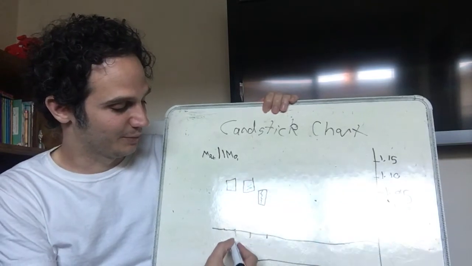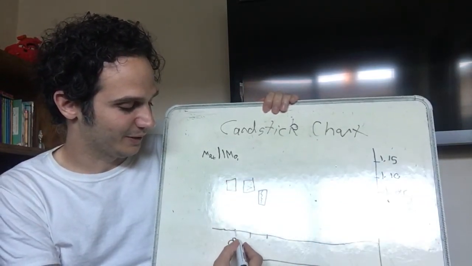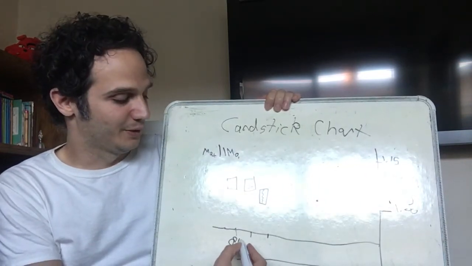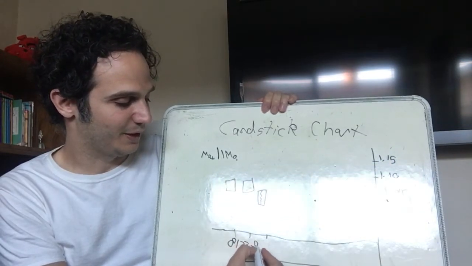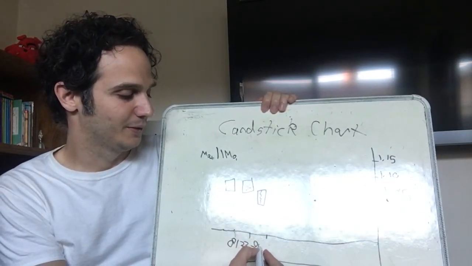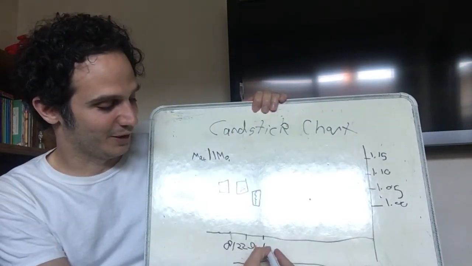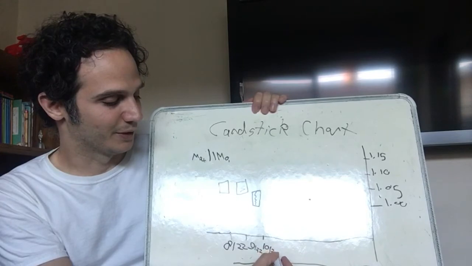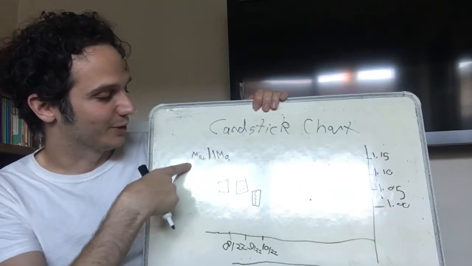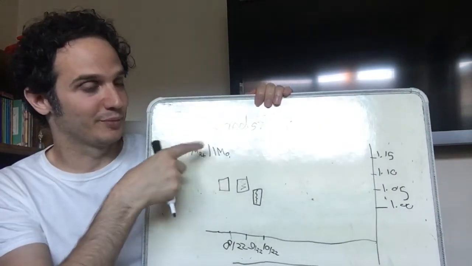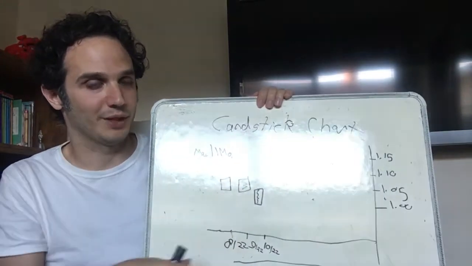So this would maybe be the 8th of 2022, and then this would be the 9th of 2022, and then this candle would be October 2022. Okay, so depending on the time frame you're looking at, that's what each candle would represent.